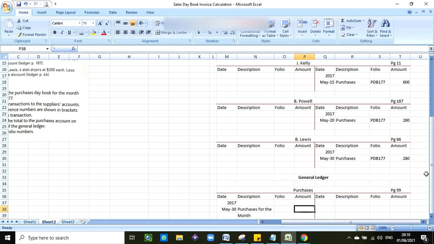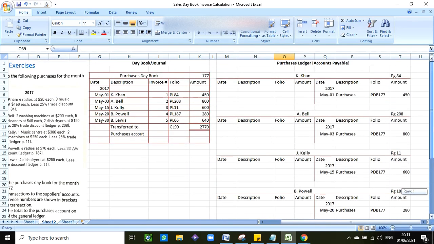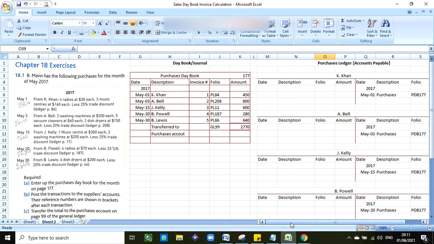The amount is 2,770. From where is this transaction coming from? It's coming from the purchases day book, page 177. And with that, we conclude the purchases day book chapter.